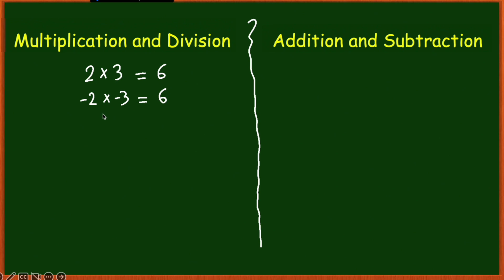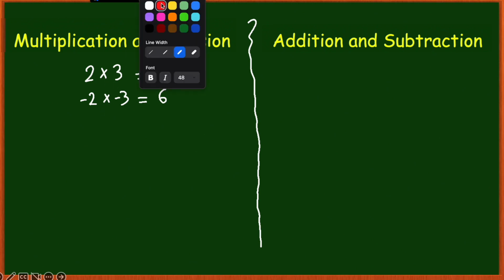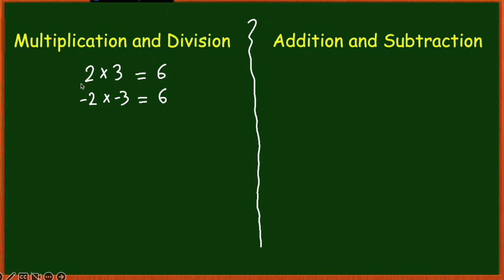What do these two have in common? Look at the signs here. What's the sign of the 2 in the first one? It's a positive number. What's the sign of 3 here? It's also positive. We ended up having a positive answer. What about the second case? The sign for the first one is a negative, and the sign for the 3 is also negative.